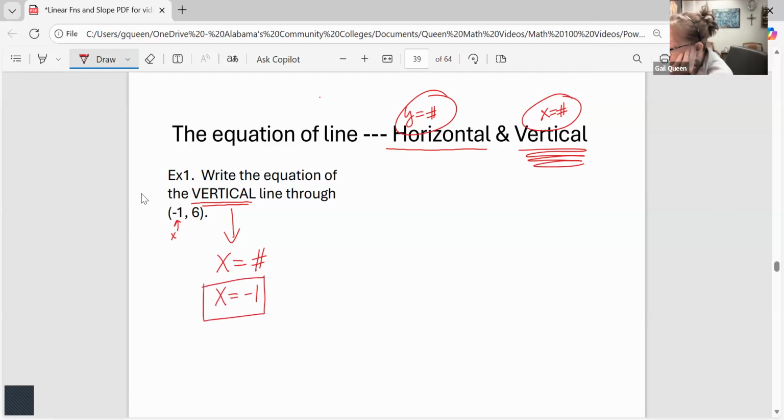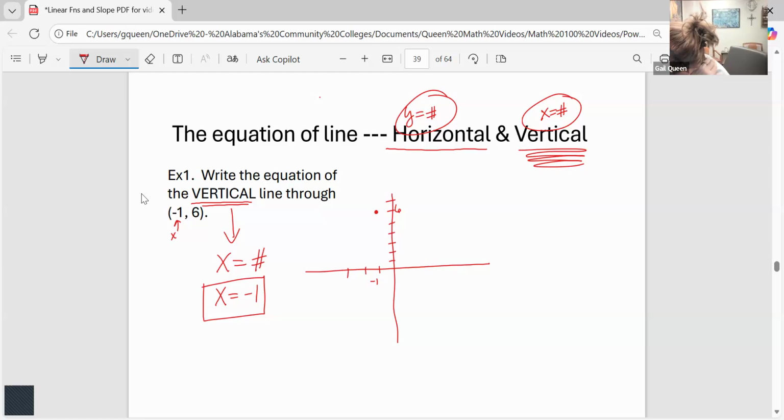Now, let me explain to you why we're using the x coordinate. You don't have to graph this in any way to do this problem, but I just want it to make sense in your mind. So if I plot the point -1, 6, I go back to -1 on the x-axis and up 6 on the y, and there's my point.